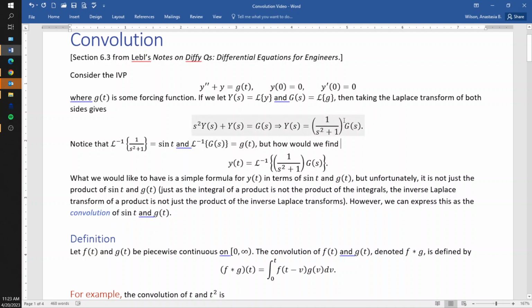That would be if we had these two things separately, but instead they're being multiplied. So the question here is, how do we find the inverse Laplace transform of the product of those functions, because that's what gets us to the solution of the differential equation.